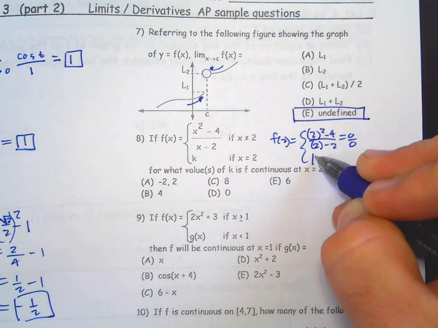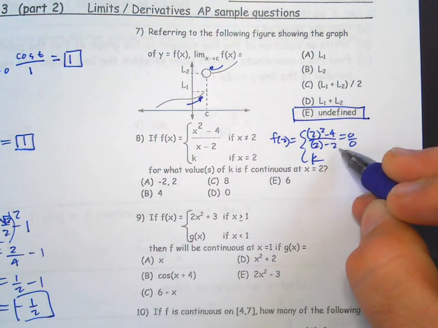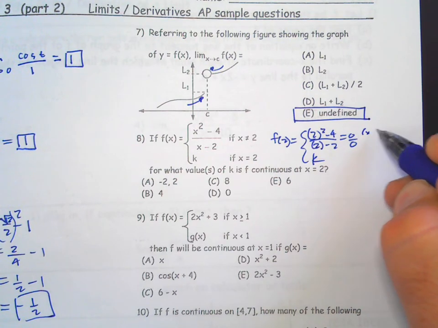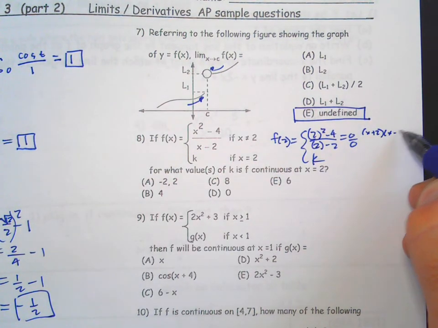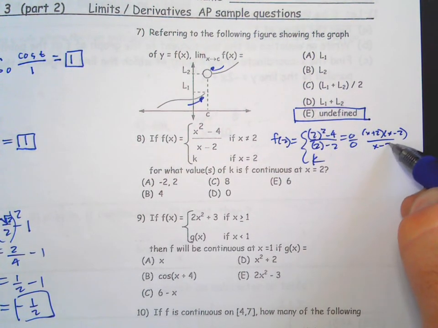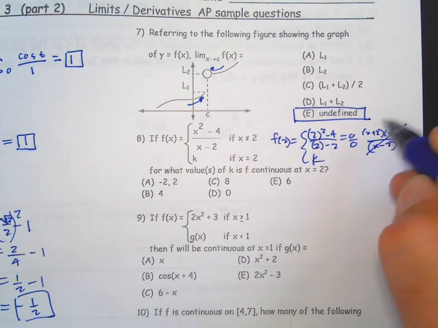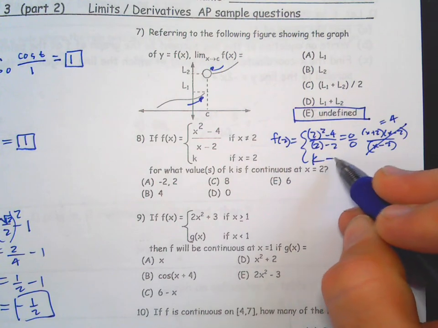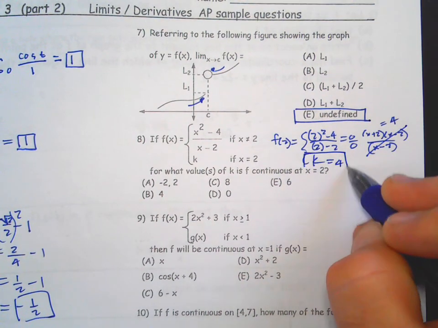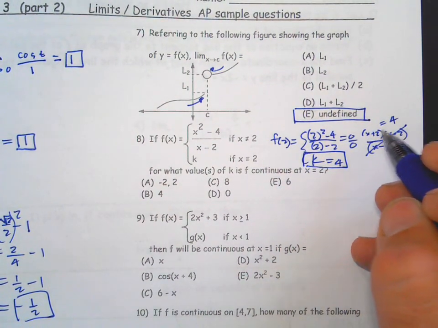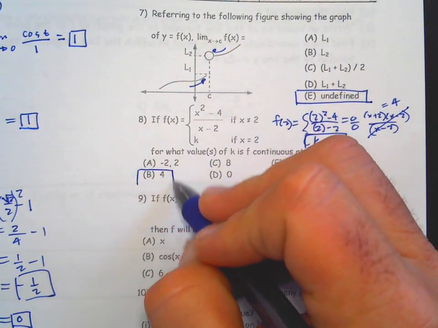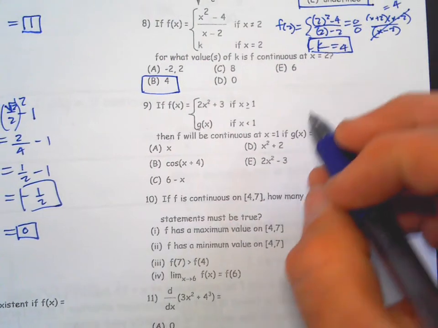So we really do need to factor it, x plus 2, x minus 2, and get rid of the hole there. Then if you plug 2 in, you should get 4. So I think we want k to be 4 so that the hole is plugged up. Okay? So 4.